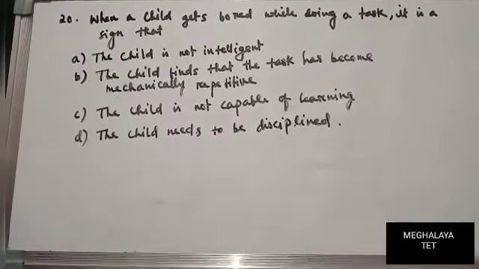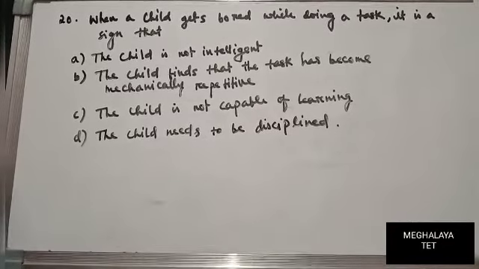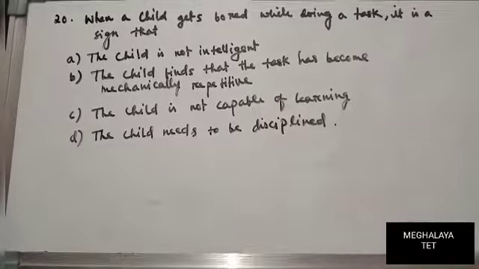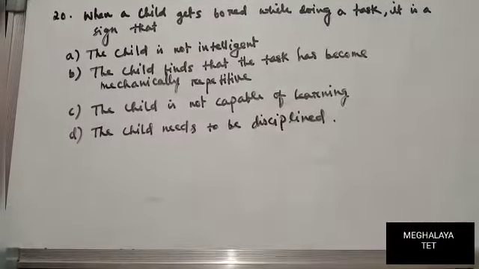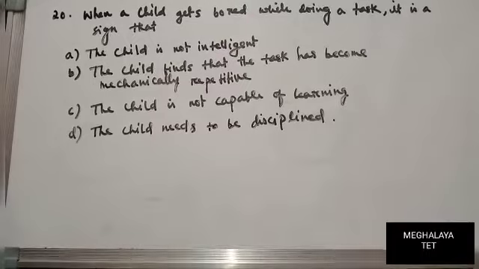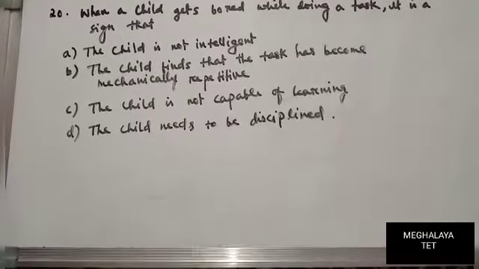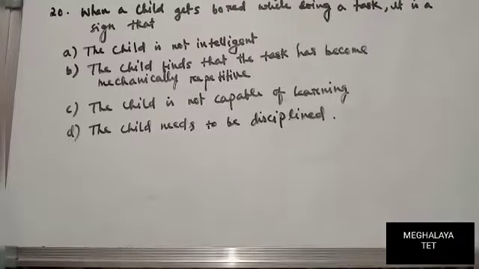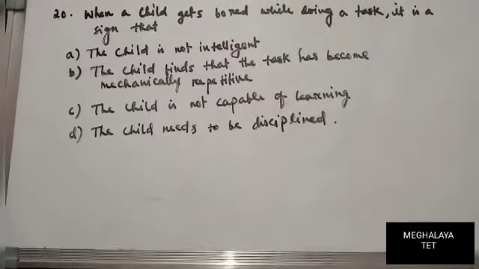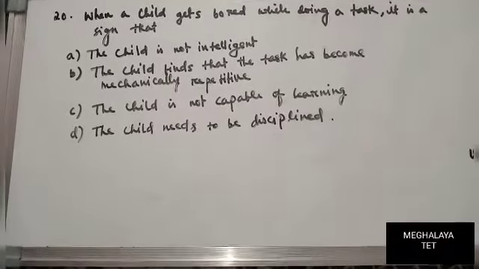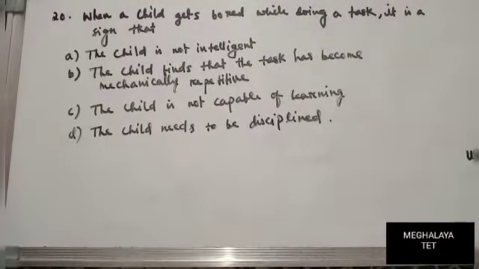Suppose we are having a class and the same thing is repeating again and again, at that time we feel uninterested or lose our attention. So out of these four options, the correct option is that the child finds that the task has become mechanically repetitive.